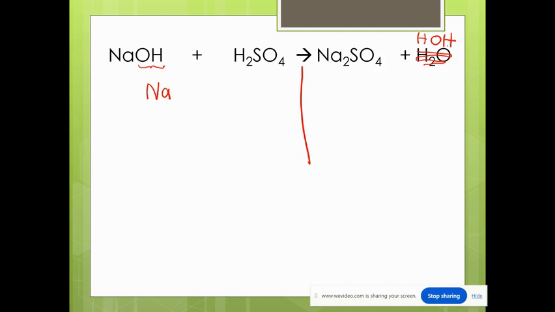See that? If the polyatomic ion is held together on both sides, I can write that down together as my inventory. Okay, and I'm going to explain to you why I want to do that in just a second. Let me get through this first, and then I'm going to come back to that. All right, now I've got my hydrogen, and do you see the SO4 over here is the same as the SO4 over here? So if that SO4 is unchanged, I can write that out as SO4.